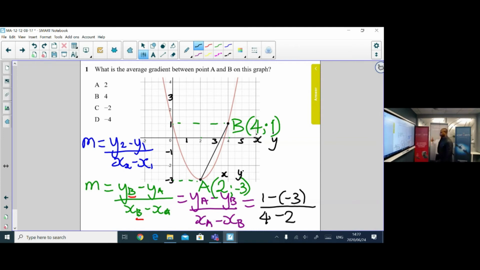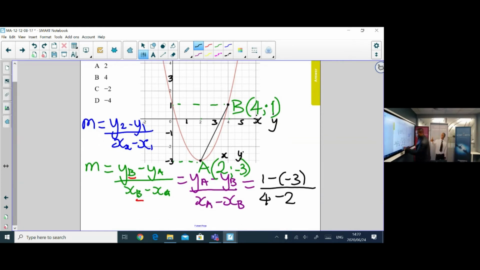So this can give you a result such as, so I'll just show you below here. If you calculate this properly, the top one is merely adding because minus minus is a plus. So you do have 4, and on the bottom we have 2. So the result is 2 because it's 4 over 2.